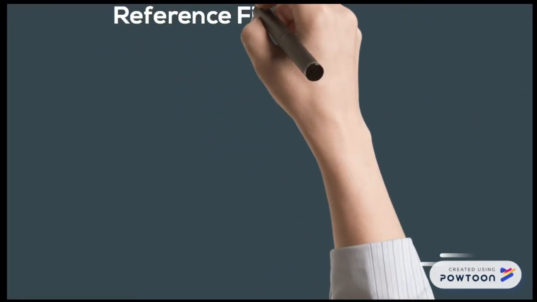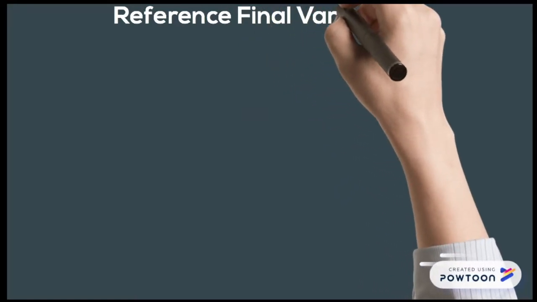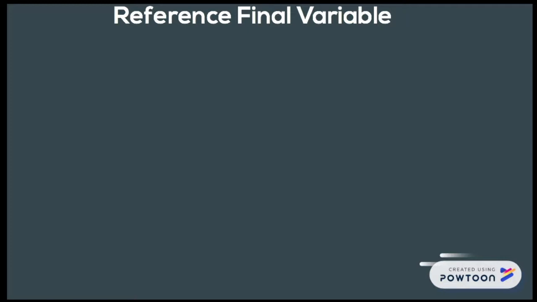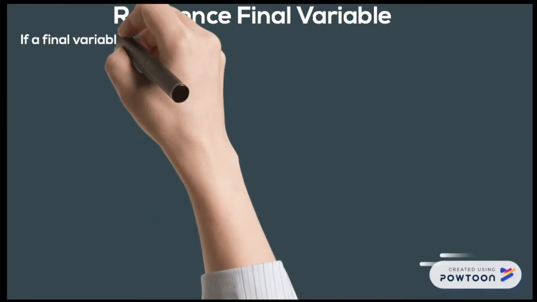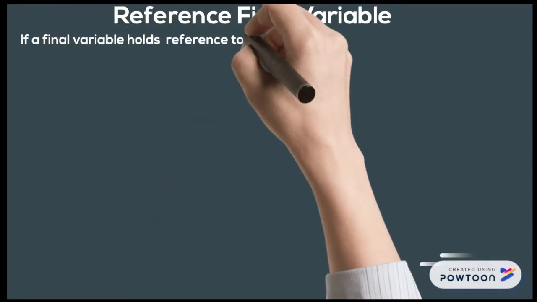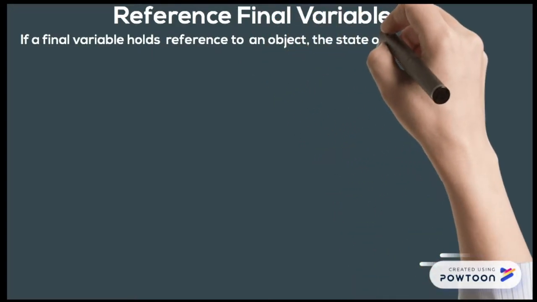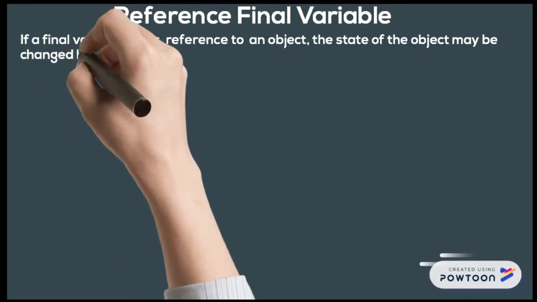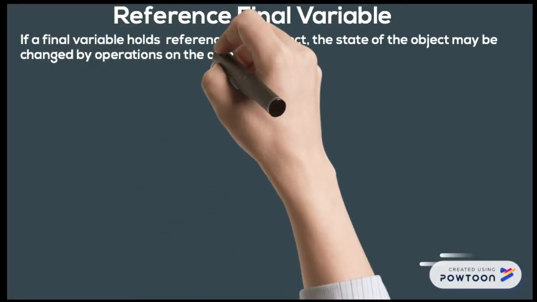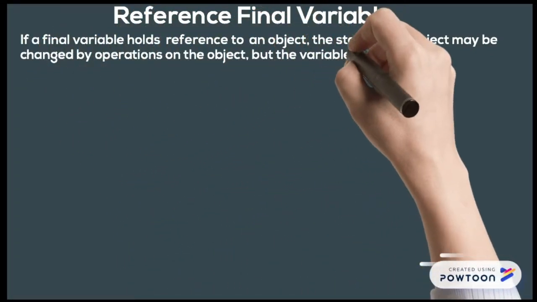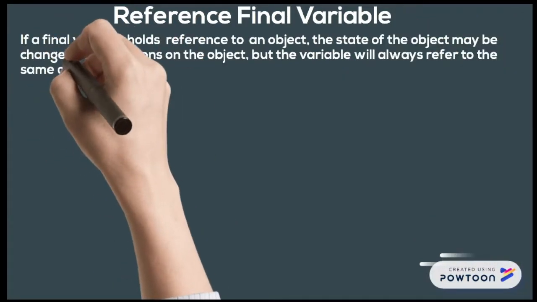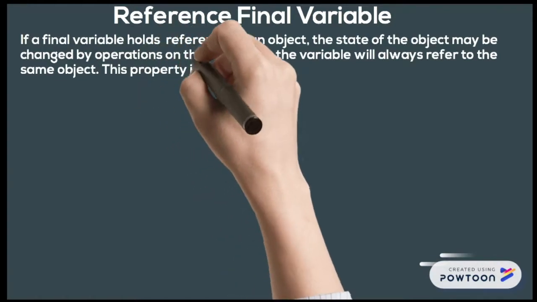Alright, so now let's move on to reference final variable. What is it? If a final variable holds reference to an object, the state of the object may be changed by operations on the object, but the variable will always refer to the same object.